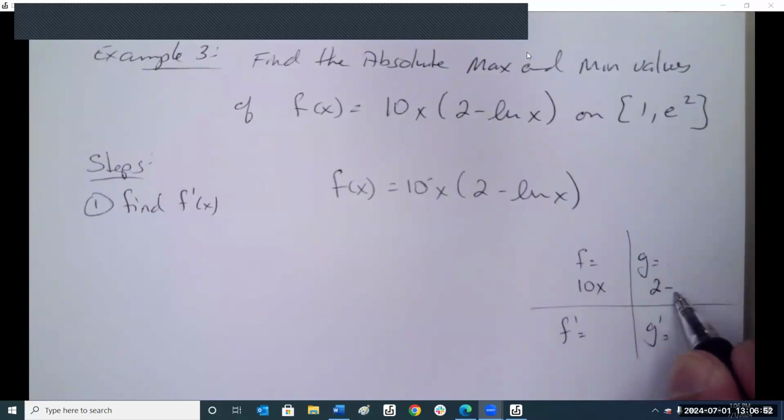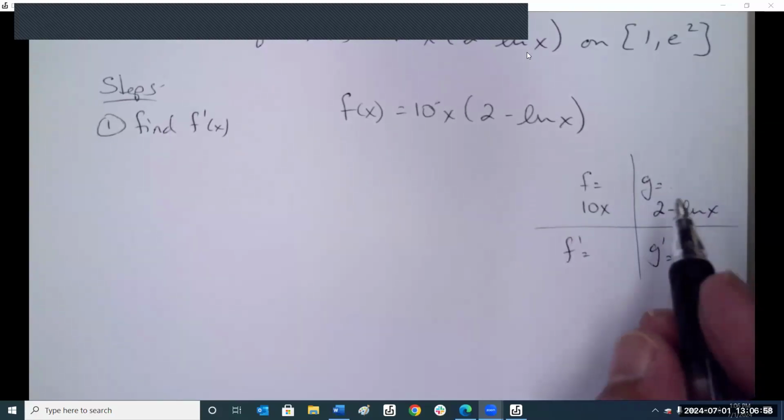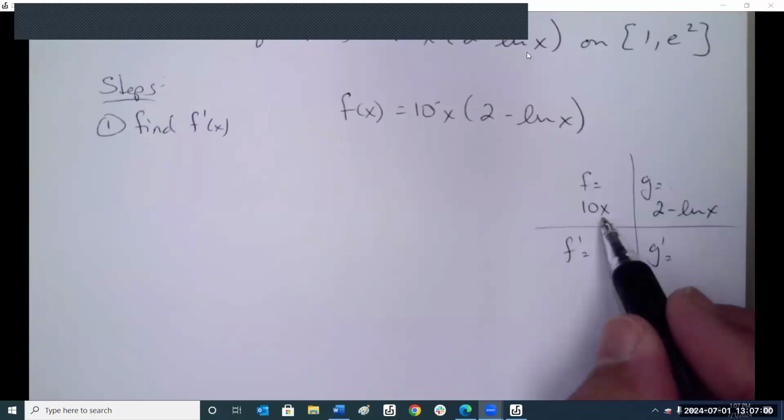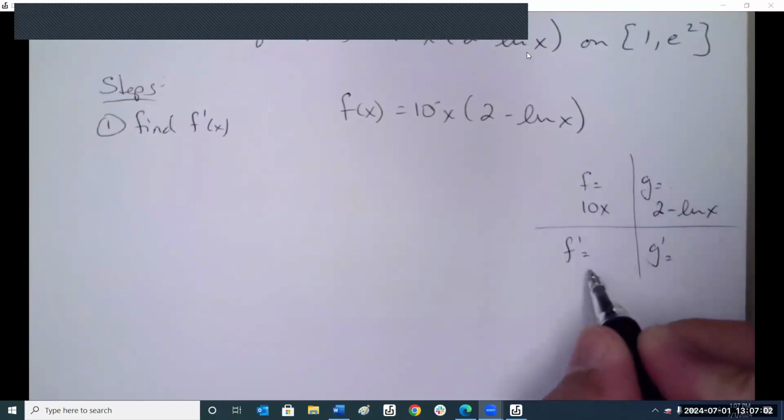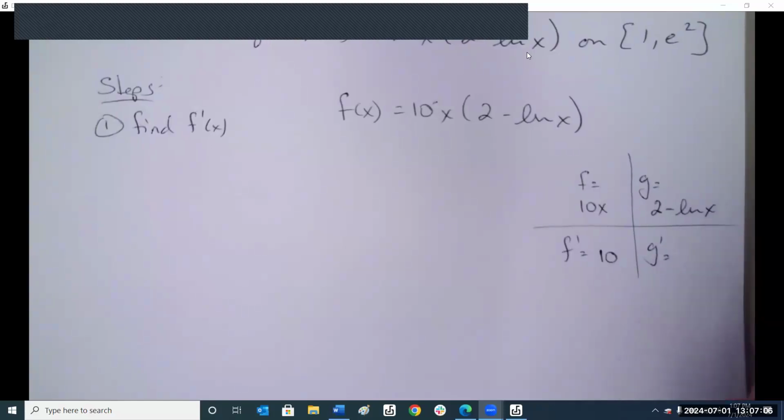G of x is 2 minus ln x. The derivative of 10x is 10. The derivative of 2 minus ln x is negative 1 over x. Very good.